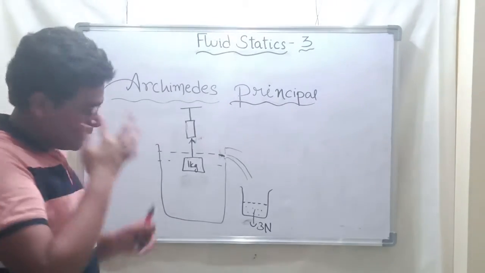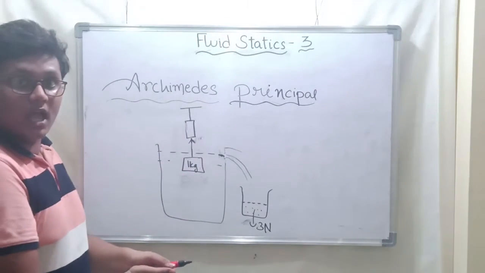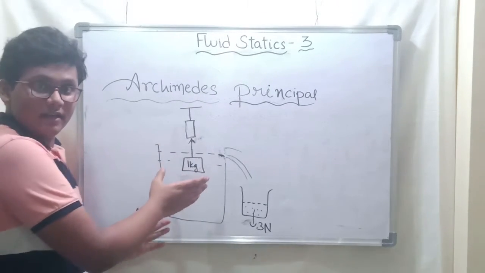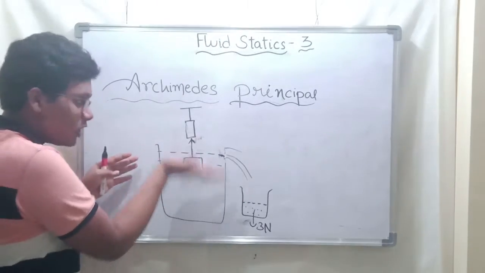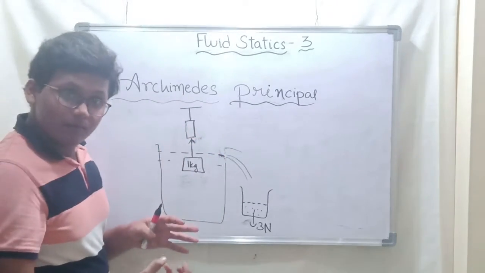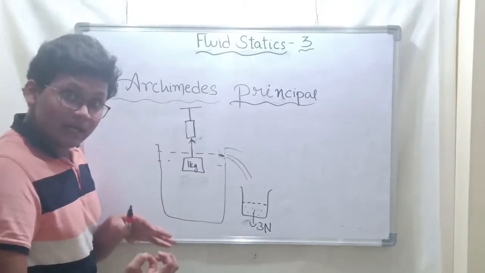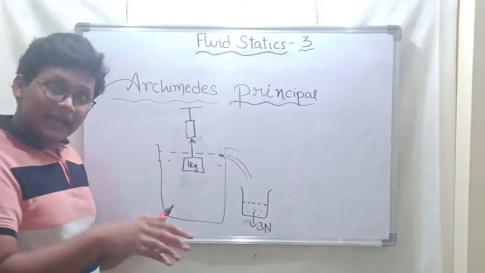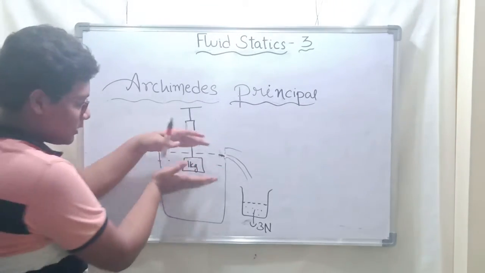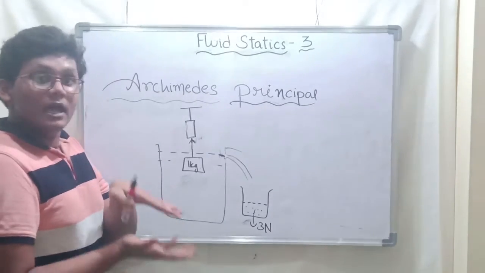Then what happened? It is completely submerged in water, so the body will try to float upward. Some force is acting by the liquid to make this body float on it. That is called the buoyant force, and that makes it be at stable equilibrium in the liquid.